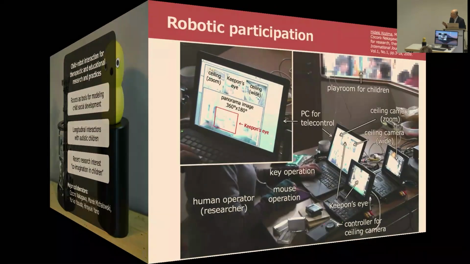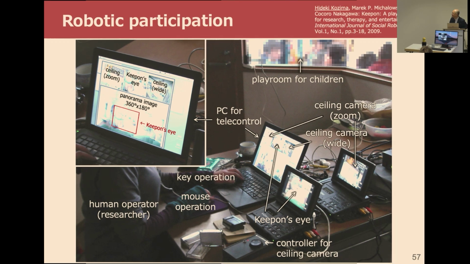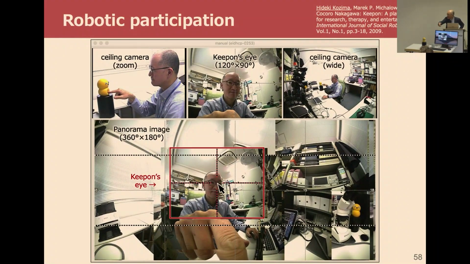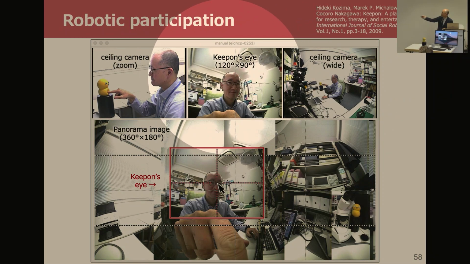So here is a typical setting of our experiment or observation. As I showed you on this monitor, this is the interface that we used. Usually this portion is the camera image coming from Keepon, 120 degrees and 90 degrees.